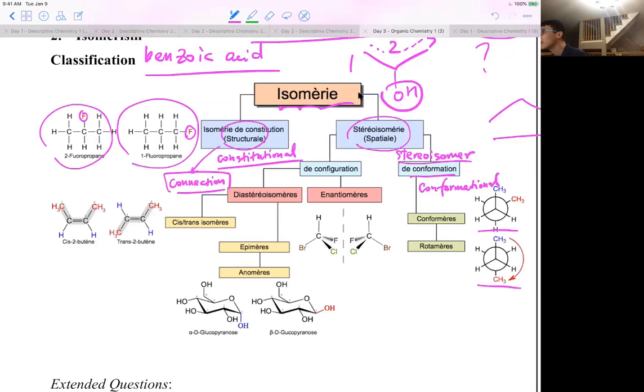They are both butane, right? The normal butane. So we use a Newman projection. We project through these two carbons, and you observe from this carbon bond, right?